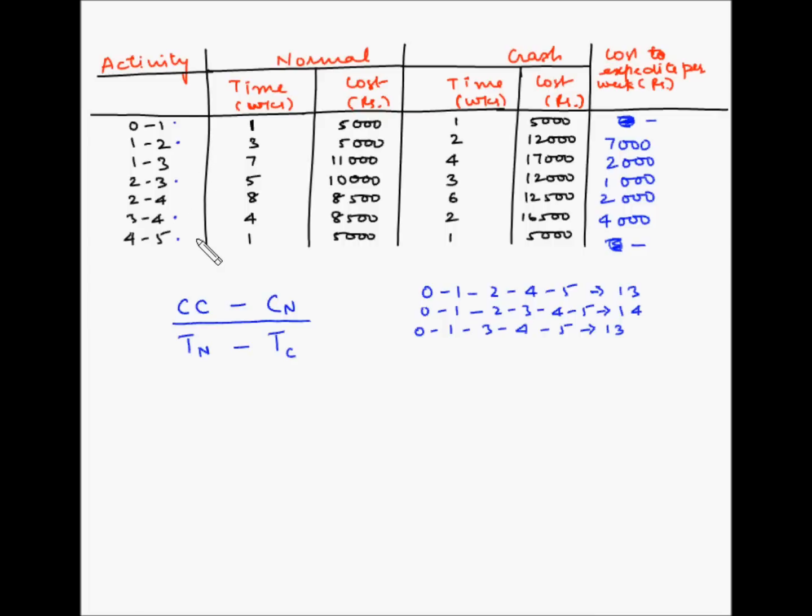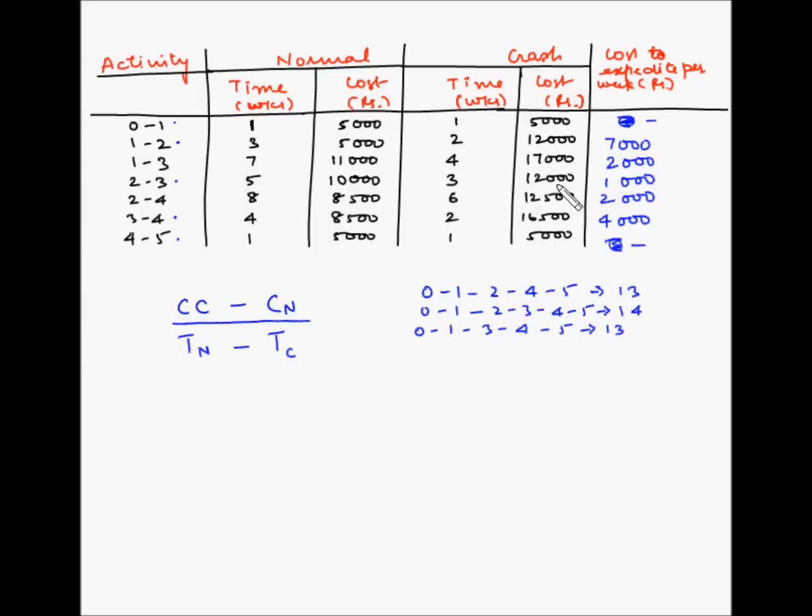So which one should we crash first? So here we'll crash the activity which has the lowest cost to expedite per week, because overall the objective is to reduce the duration of the project at the minimal incremental cost.